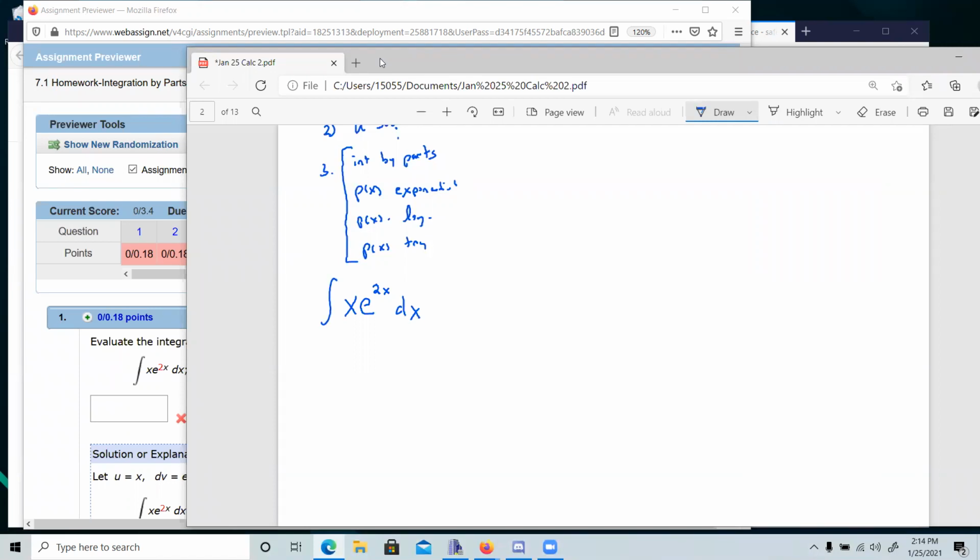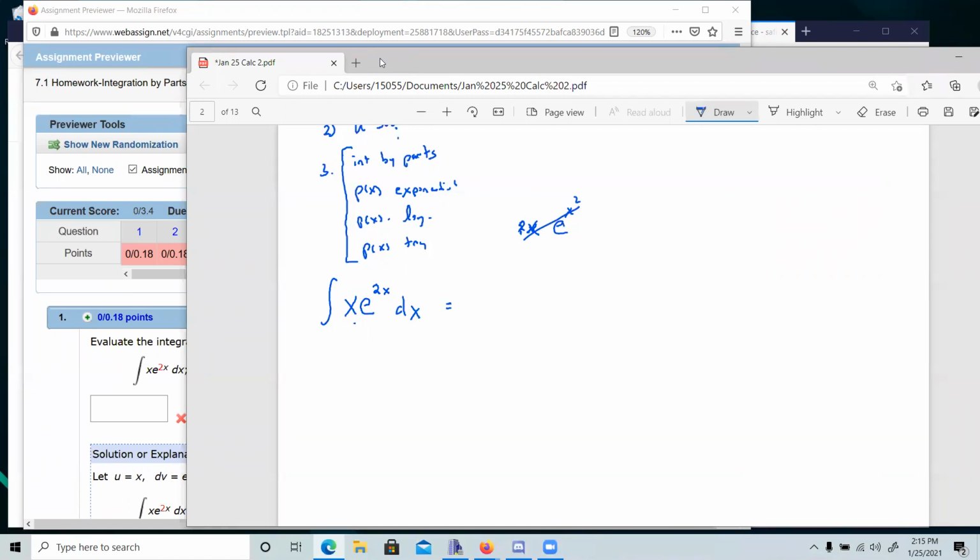I can't just integrate that. I don't have a good form. And I know that a polynomial times an exponential is automatically going to be an integration by parts problem. Unless you end up with an e to the x squared and there's a 2x out here, just an x out here. That's a u sub. That's not an integration by parts. Okay, so we're not talking about this one.